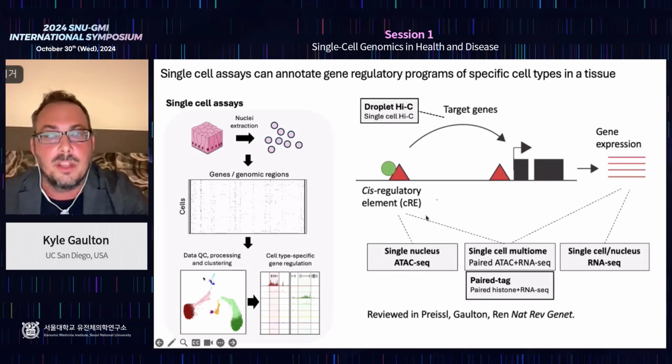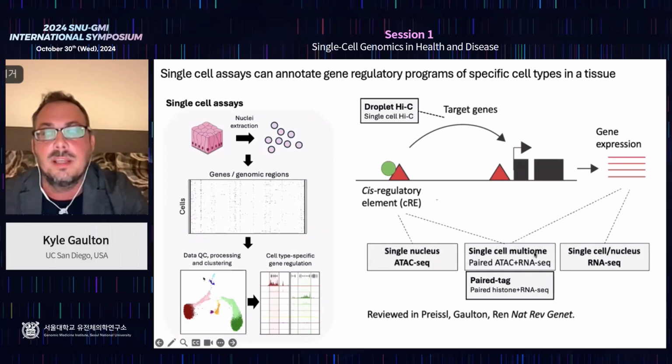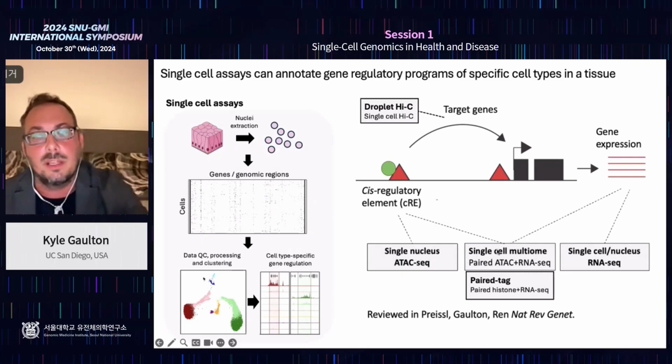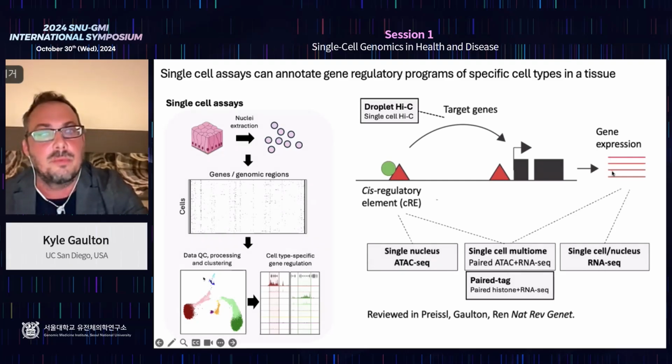What I will touch on a little bit is the types of assays that we use to map gene regulatory logic. So as I mentioned, single cell versions of ATAC-seq, as well as increasingly paired ATAC-seq and RNA-seq generated from the same cell, and RNA-seq to measure gene expression.